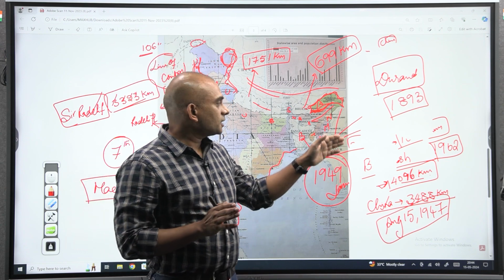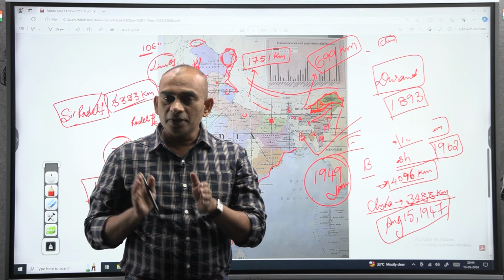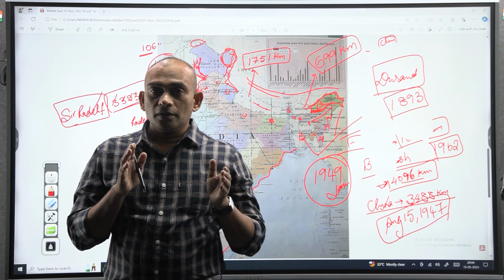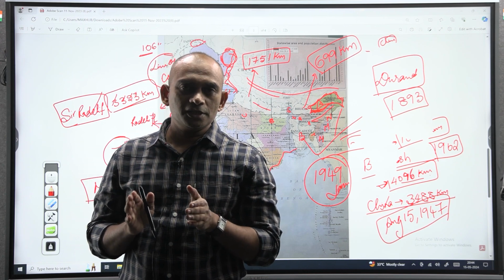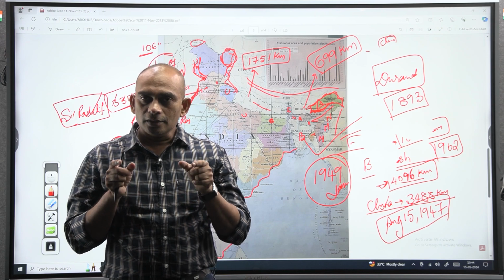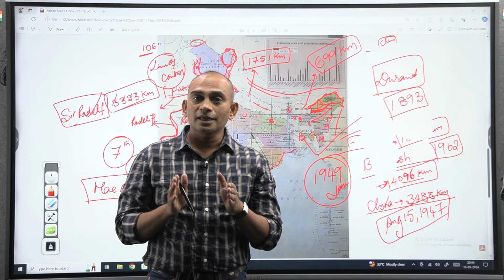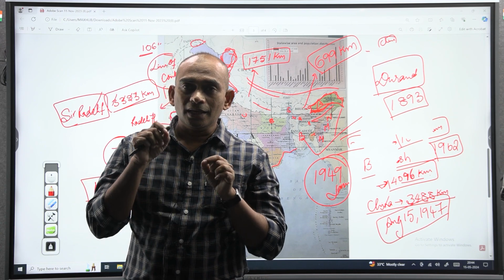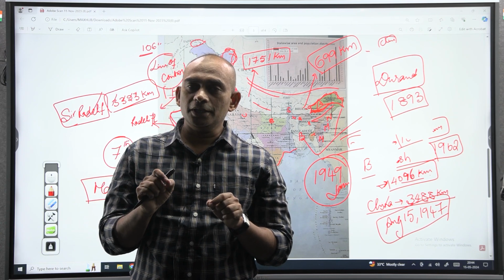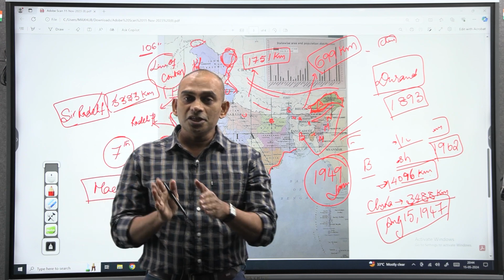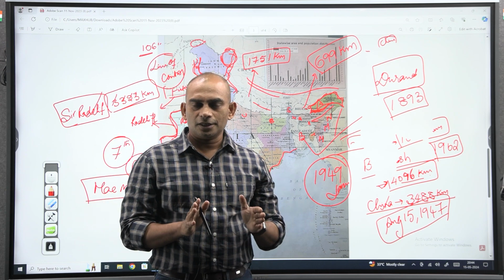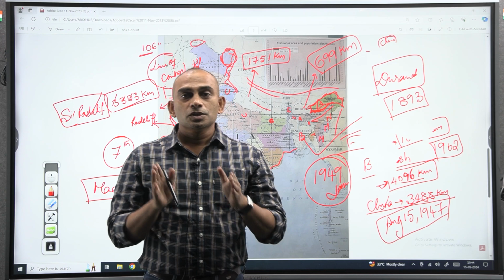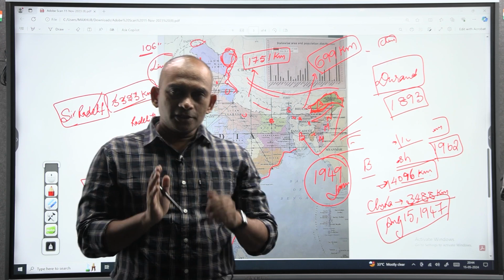Mortimer Durand was the representative from British India, and they held meetings and came to a conclusion, demarcating the boundary line between then British India and Afghanistan.